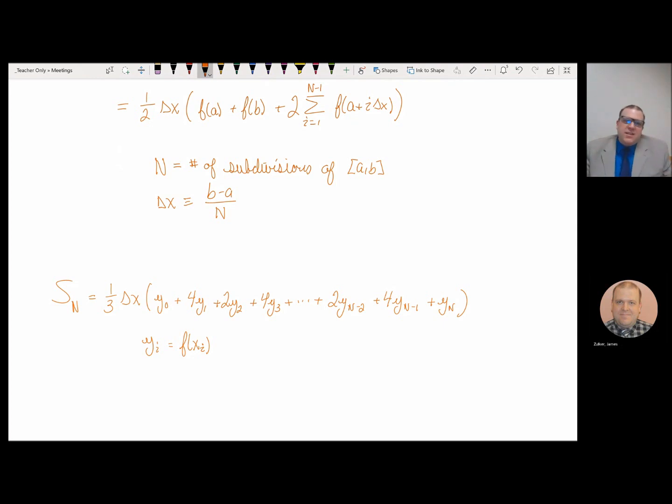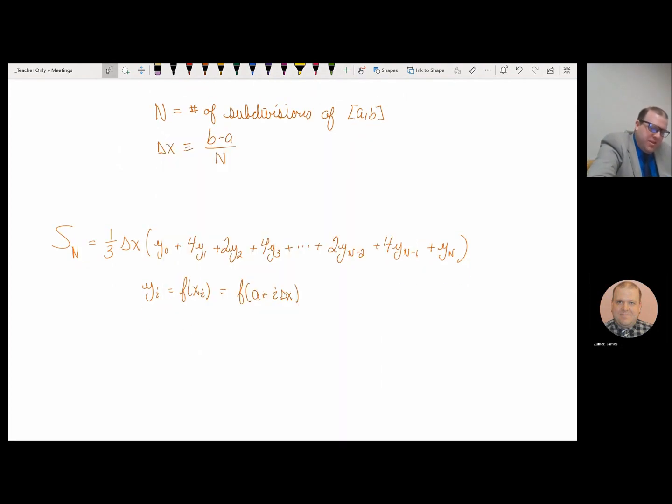Again, y sub i is f of x sub i, which would just be f of a plus i times delta x. There's one additional stipulation for Simpson's rule: your number of subintervals, your number of divisions, must be even. So you can't calculate, for instance, S sub 3.